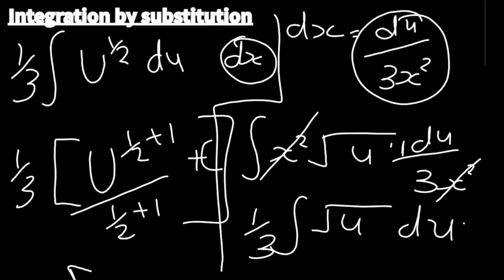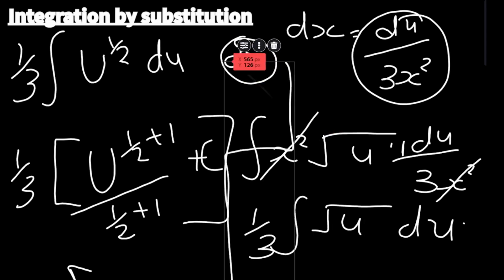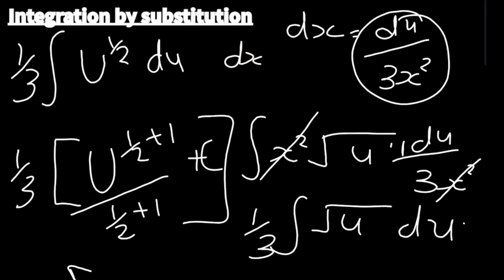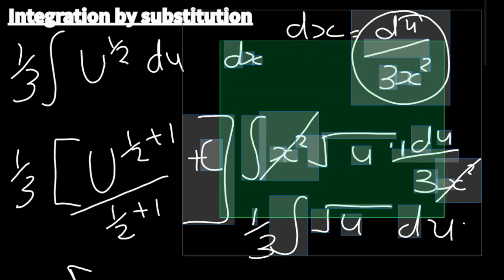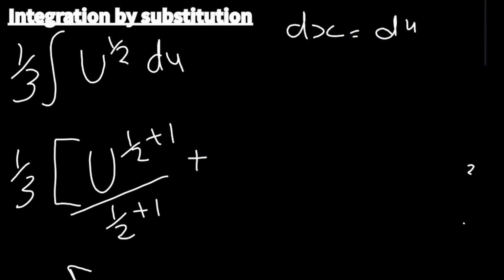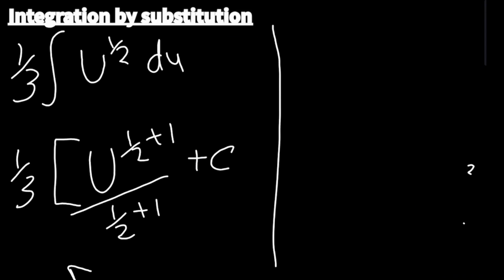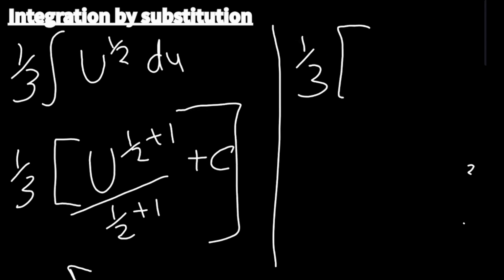Remember, when we are integrating, we add 1 to the power and divide the function by the result. And this will be a third u raised to 3 over 2 over 3 over 2 plus c.